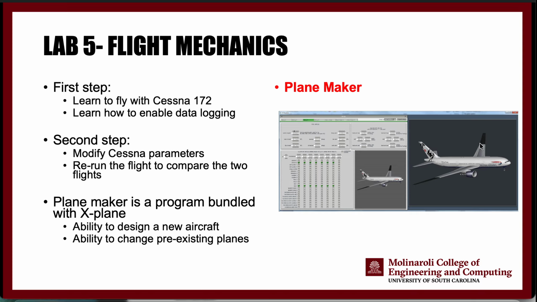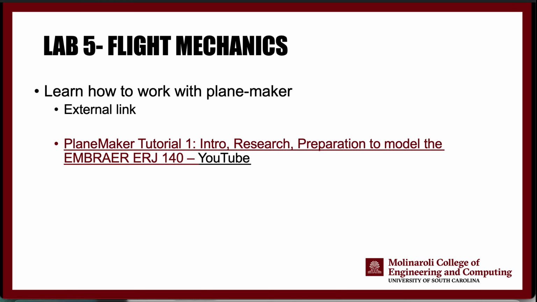How much your wing goes back or is twisted, or all of these things you can definitely change. In this menu right here, we're going to see a more comprehensive version of this in the lab recording.